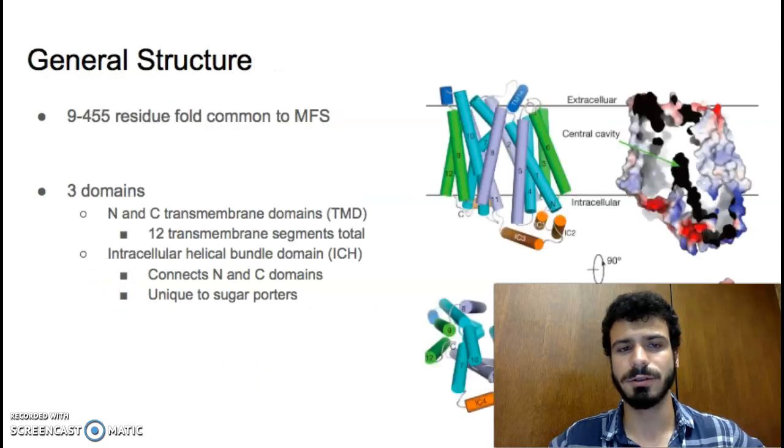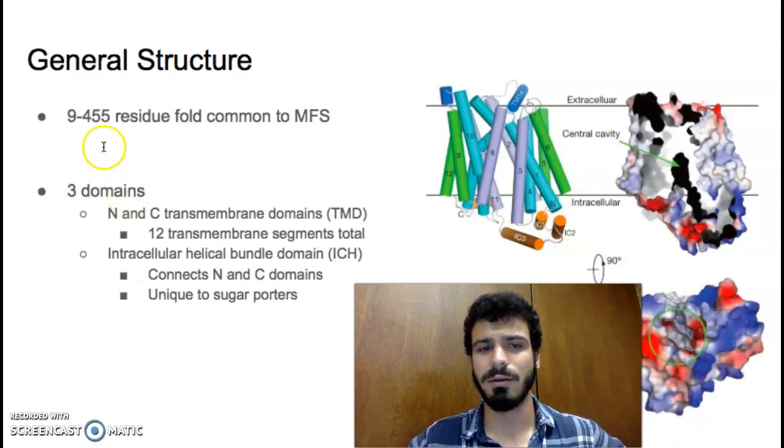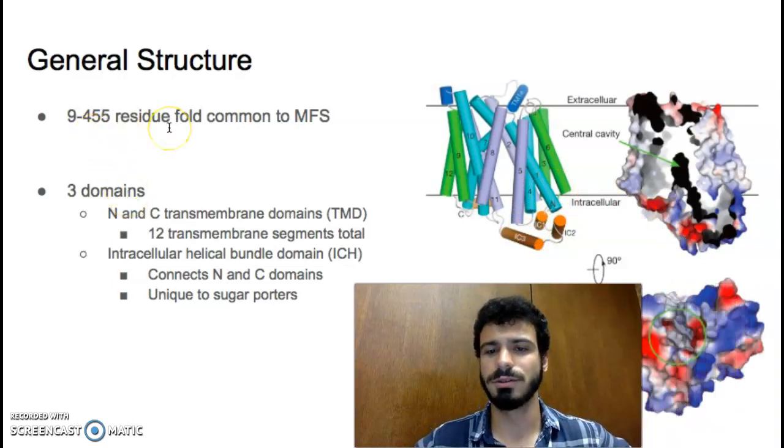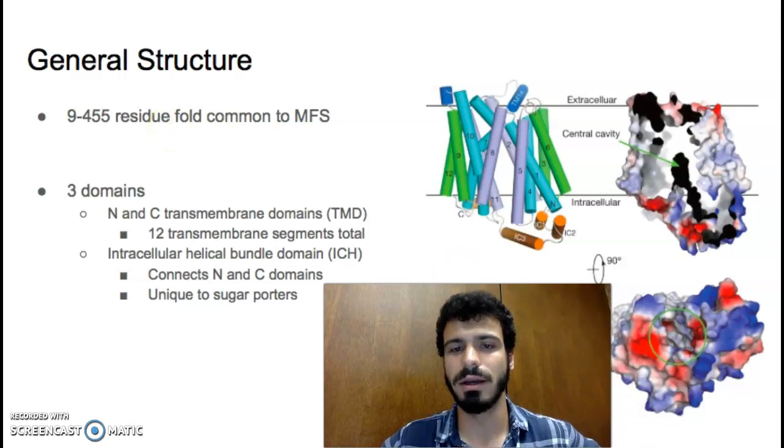As far as the results, here's the general structure. It's a 9 to 455 residue fold, which is just common to the major facilitator superfamily. And they divided it into 3 domains. Here's the N domain here on the right, C domain on the left.